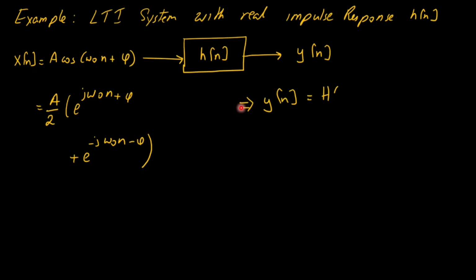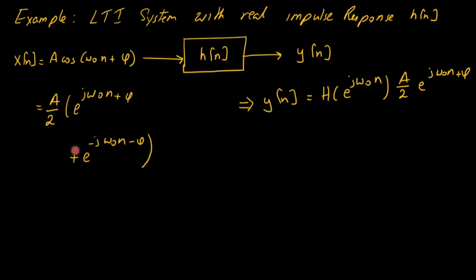So hence at the output y of n we would have all of this again reappearing over here, that is A by 2 e to the power j(omega naught n plus phi). So this is the eigenfunction, this is the constant coefficient which is being multiplied, plus this is the frequency response or the eigenvalue that we will achieve as done previously.